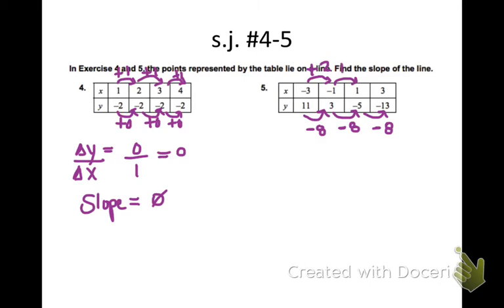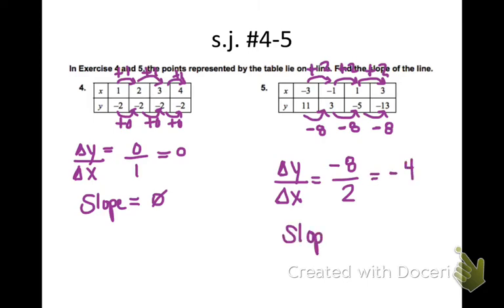Negative 1 to 1 is plus 2, and 1 to 3 is plus 2. So our change in y over our change in x is equal to negative 8 over positive 2, which is equal to negative 4. So slope is equal to negative 4.